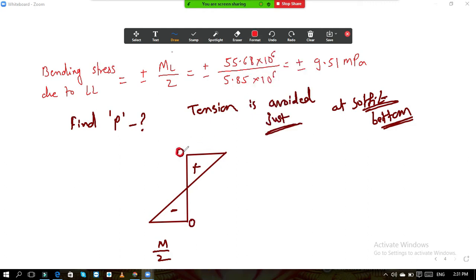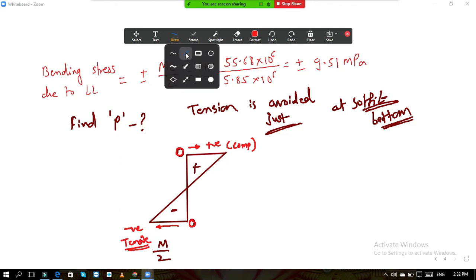From zero, when you go towards the right hand side, positive values are there and stress is compressive. That is why it is plotted there. When you go on the left hand side, here we take it as negative and tensile stress is there. This is one type of diagram. Another diagram, if you draw exactly opposite of this, it may be like this.